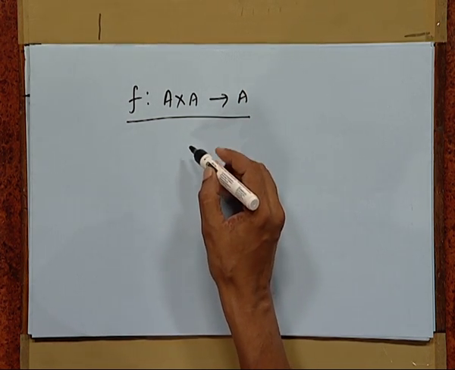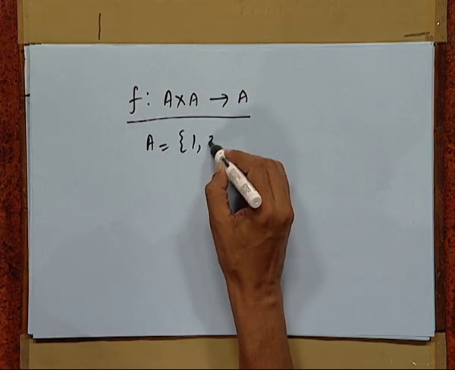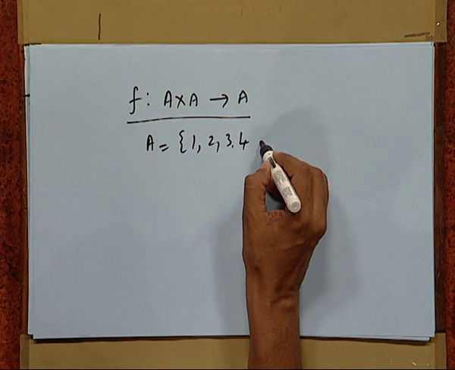For instance, we have a set A, suppose 1, 2, 3, 4, 5.